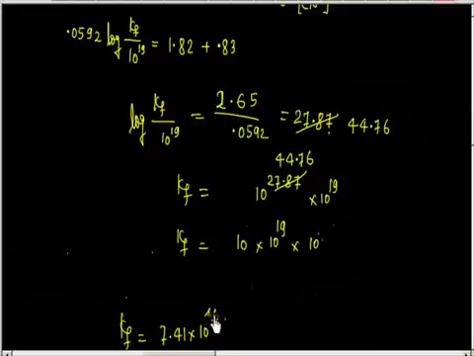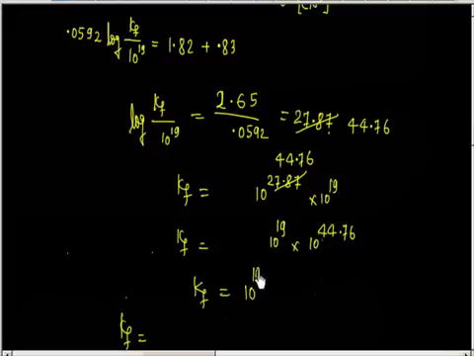So let us go fast. So I will have 44.76. So this is 10 to the power 19 plus 10 to the power 44.76. Now let us write Kf equals 10 to the power 19 plus 44 into 10 raised to the power 0.76.